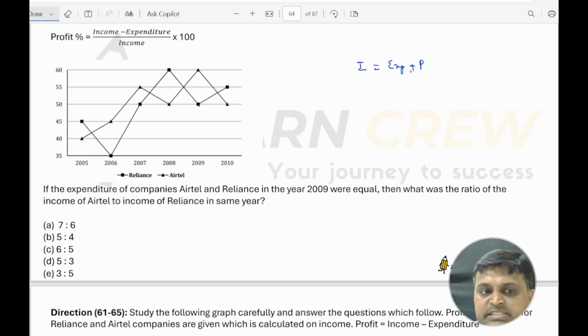Income is equal to expenditure plus profit.